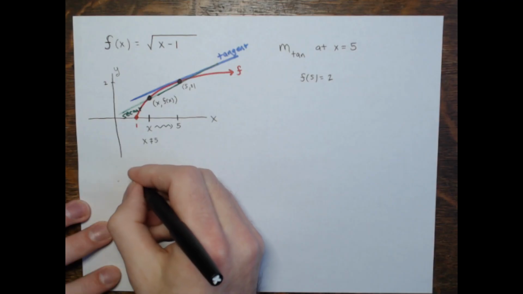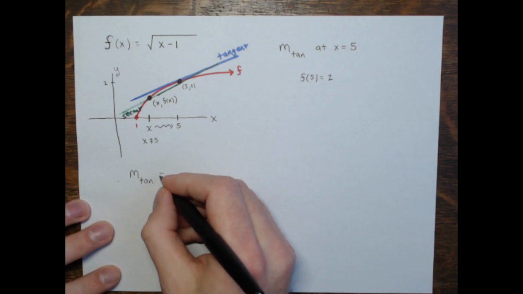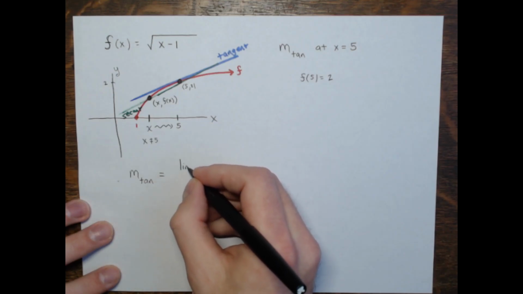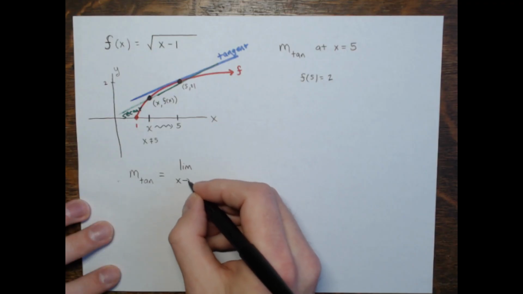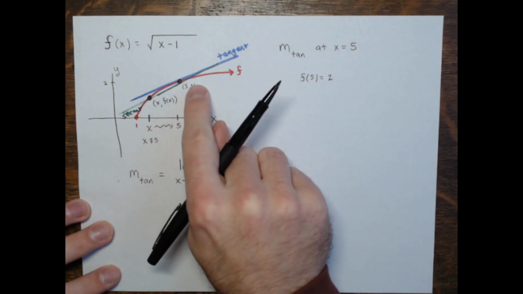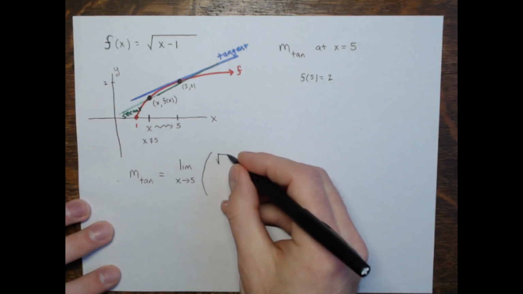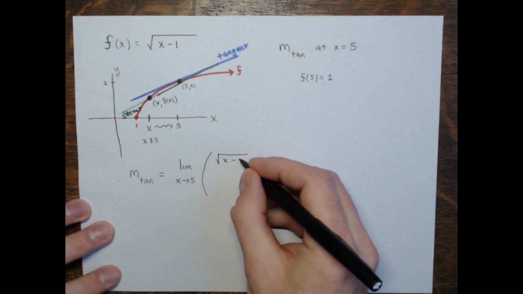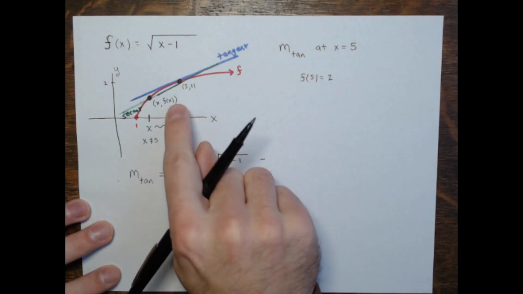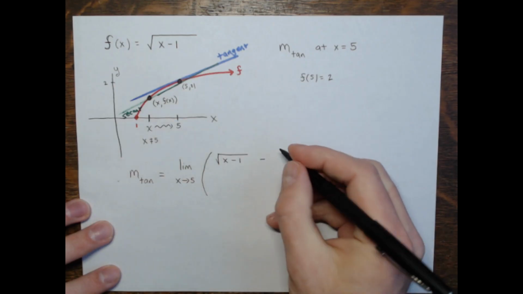Right, so the slope of the tangent line in question is going to be the limit as x approaches 5 of, and then again the change in output. So f of x is the square root of x minus 1, minus the y coordinate at 5, 2 here. f of 5 is 2.